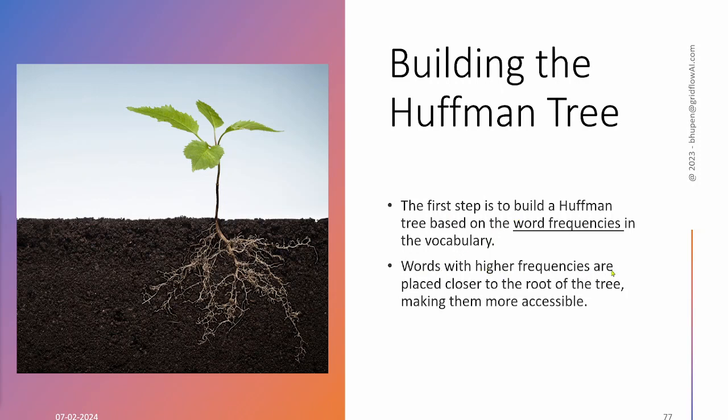Words with higher frequency are up in the order, and words with lower frequency are down the order in the tree. So the words which occur more often are more quickly accessible than the words which are not very common.